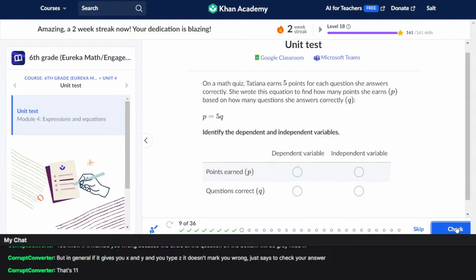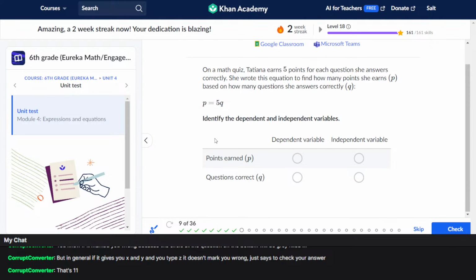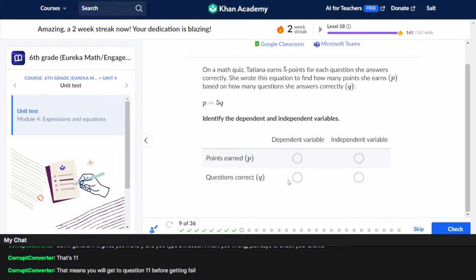11. On a math quiz, Tatiana earns 5 points for each question she answers correctly. She wrote this equation to find how many points she earns based on how many questions she answers correctly. Huh. Oh god, I don't know. Well, wait, question's correct. Oh, wait a second. Now I have to really think about this. What makes something dependent or independent?